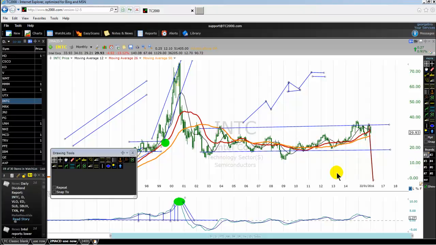Now, remember what I said at the beginning of the video, the price structure. Now, I want to add something else. The price structure commands trading strategy. All right, some traders already get it, but I want to say it again for new traders. The price structure commands trading strategy.